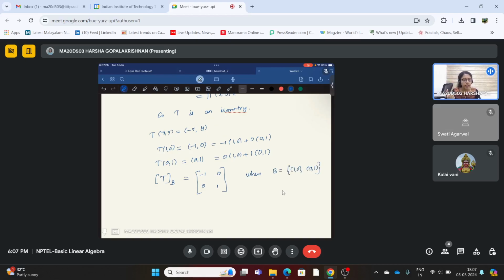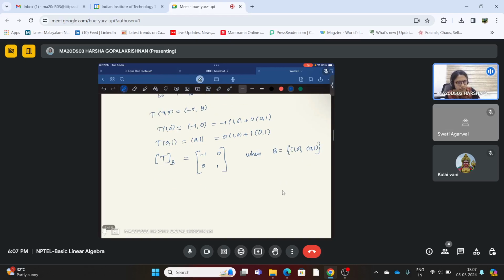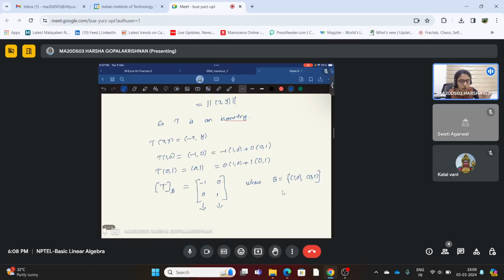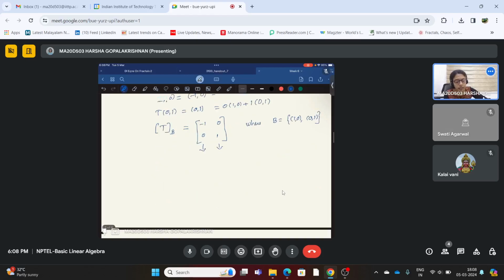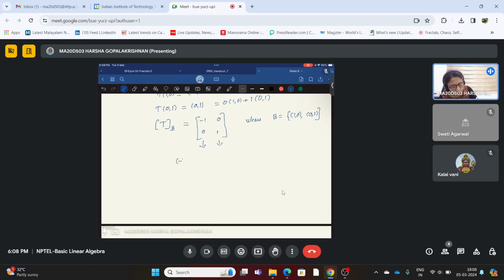Now, if we write a linear transformation in matrix form with respect to the standard ordered basis, we can check whether the corresponding column vectors, or row vectors, form an orthonormal basis. Then in that case also we can say T is an isometry. Here we have (minus 1, 0) and (0, 1) as our column vectors.